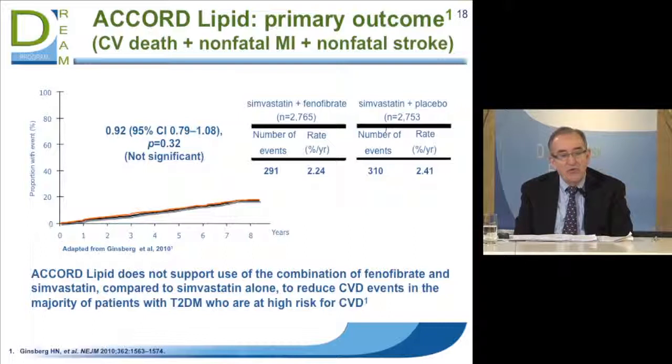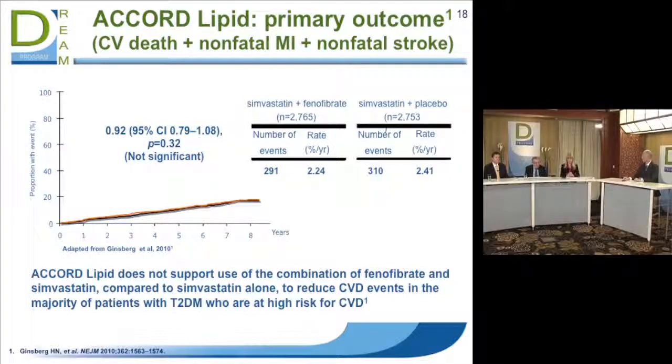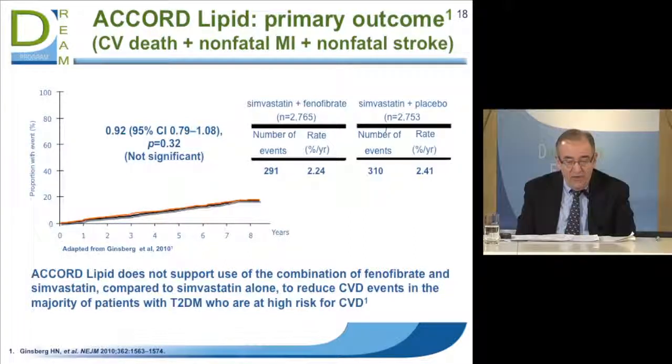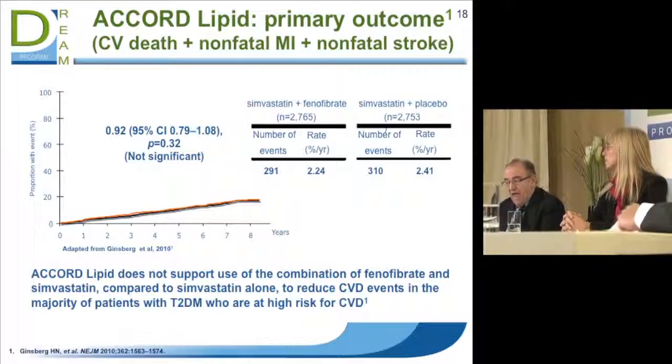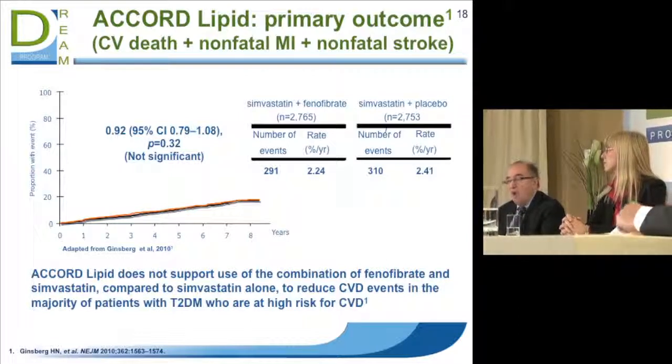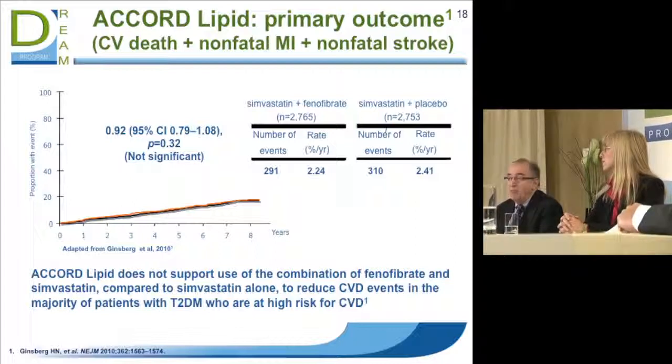And the hazard ratio was 0.92, which was not statistically significant, not even close. So the overall conclusion was that the use of fenofibrate together with simvastatin in a general way for all diabetics is not something we should be doing, that it did not have a benefit in the majority of patients with type 2 diabetes at high risk.